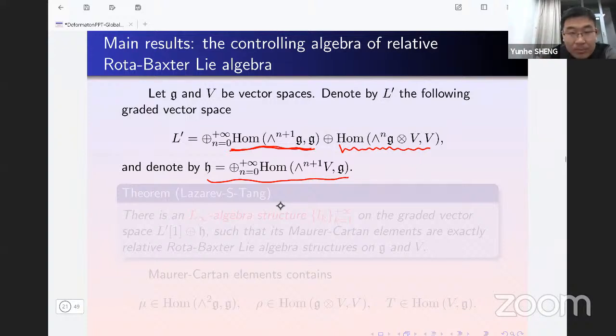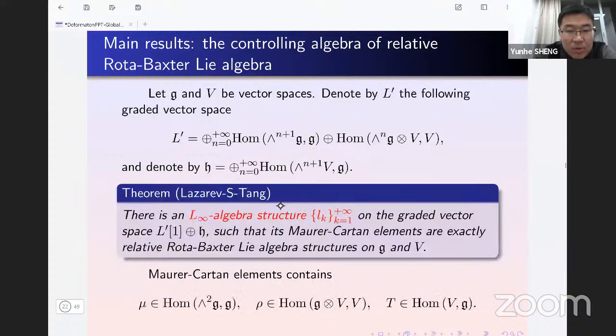Then we can obtain the following result. There is an L-infinity algebra structure, which we denote by l_k, on the graded vector space which is the direct sum of L'[1] and H, such that its Maurer-Cartan elements are exactly relative Rota-Baxter Lie algebra structures on G and V. Here L'[1] means that we shift the degree of the graded vector space L' by 1.